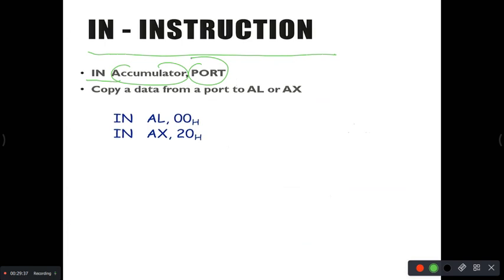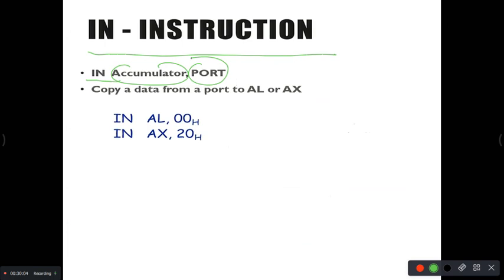So in accumulator, port address: IN means the microprocessor is getting data from the IO device. Whatever data is read from the IO device with the device port address will be copied to the accumulator.